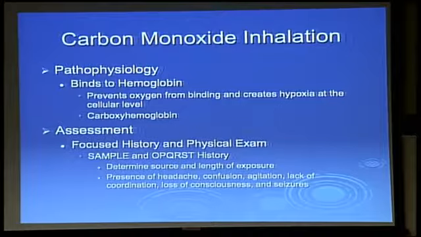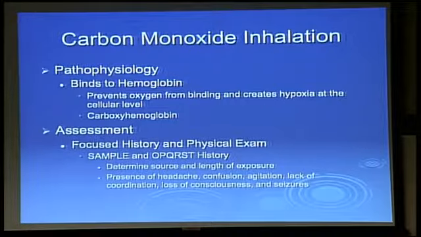The issue with carbon monoxide is that it displaces the oxygen from the hemoglobin. It binds with greater affinity than oxygen does, and so it creates cellular hypoxia. What's the pulse oximeter going to say in someone with CO poisoning? Okay. It's going to be very high.